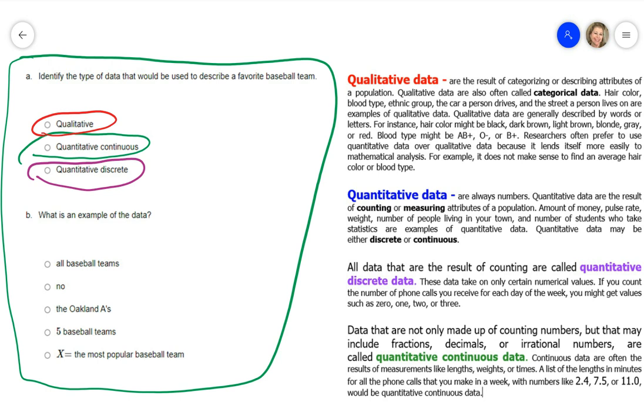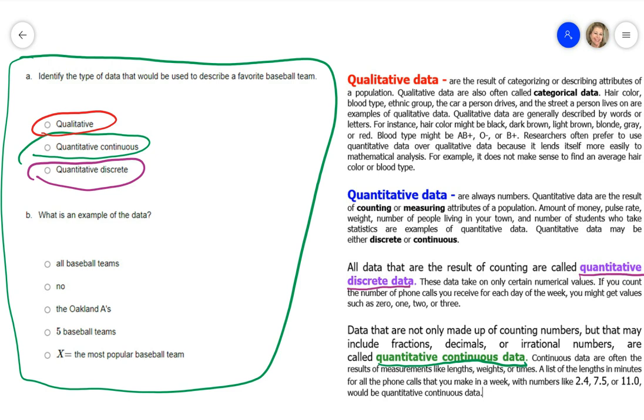But both quantitative continuous and quantitative discrete involve numbers. So if I'm looking at the purple, which is quantitative discrete data, these data take on only certain numerical values. If you count the number of phone calls you receive, you might get values such as 0, 1, 2, or 3. But for quantitative continuous data, that takes you into decimal and fraction land, basically.